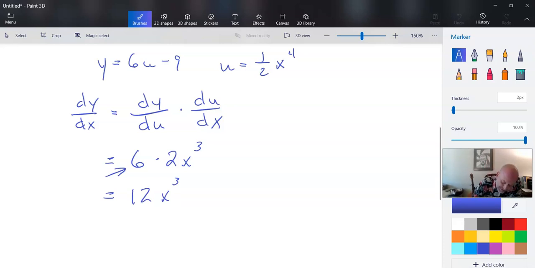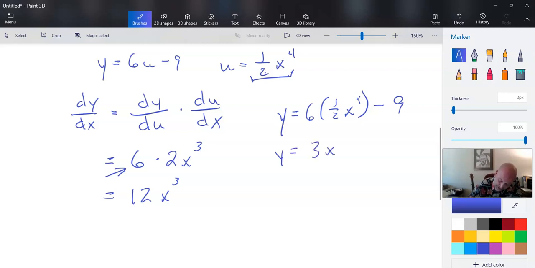I just want to point out something else. If I substituted this 1/2 x to the fourth in for u, I'd get y is equal to 6 times 1/2 x to the fourth minus 9. And if I simplified that, I'd get y is equal to 3x to the fourth minus 9.